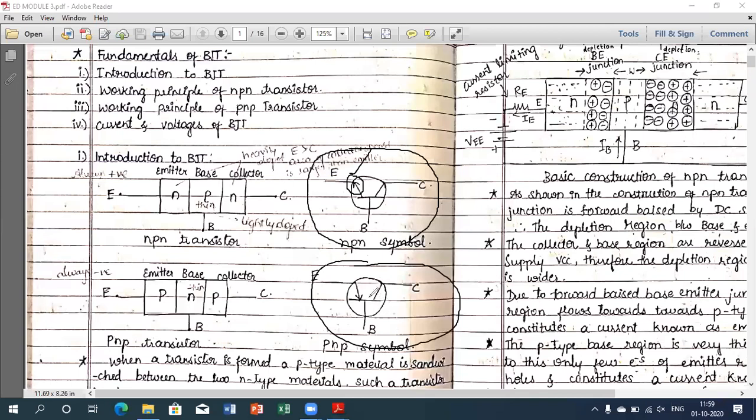But in the PNP transistor, it is exactly opposite. So the conventional current of PNP is exactly opposite to the NPN transistor.